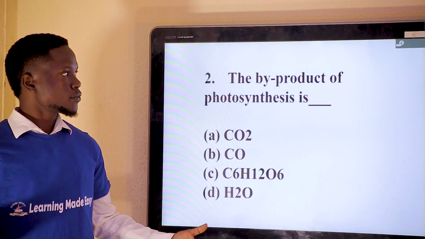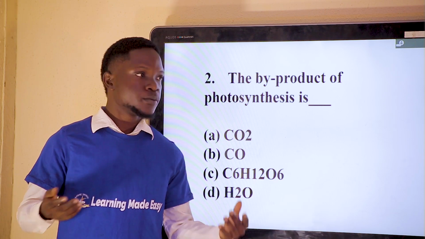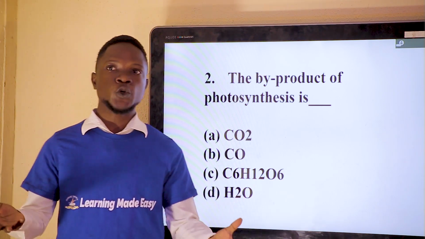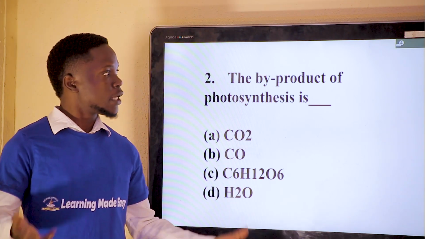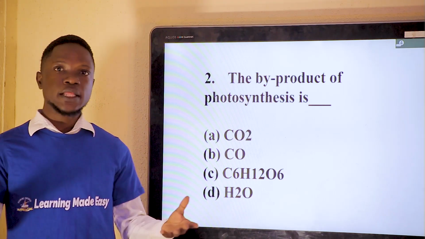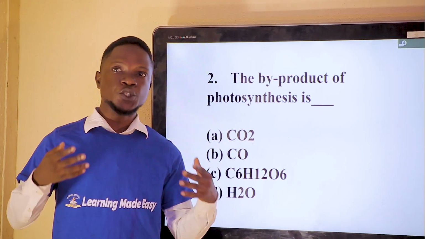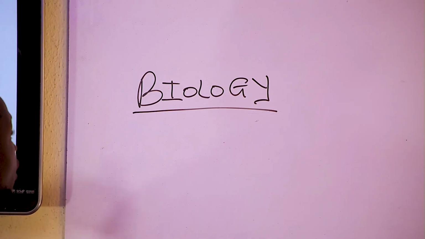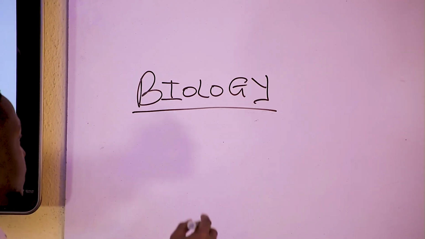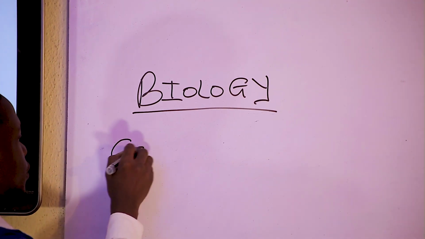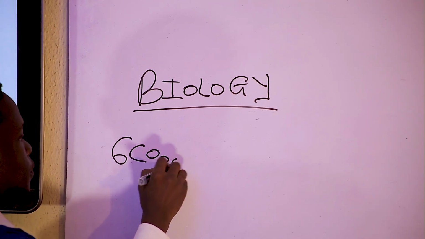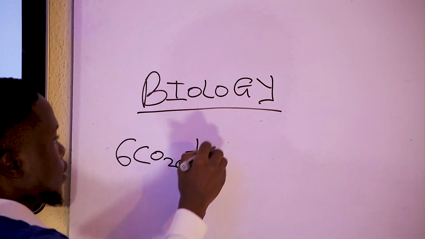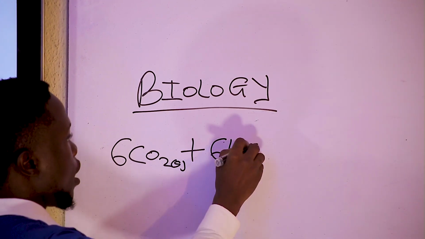Next question. Number 2. The byproduct of photosynthesis is dash. To adequately answer this question, we need to know the reaction of photosynthesis. Now, for the equation of photosynthesis, we have 6 molecules of CO2 plus 6 molecules of water.